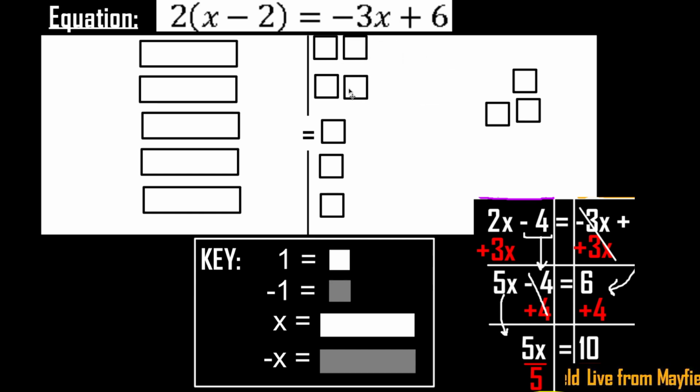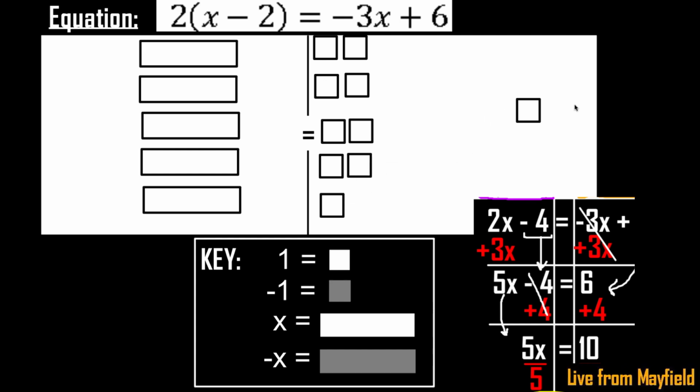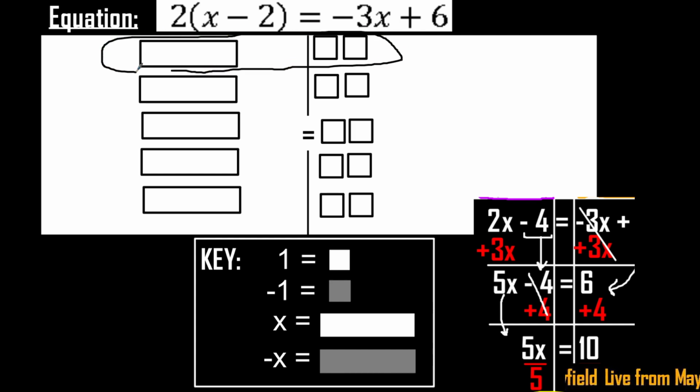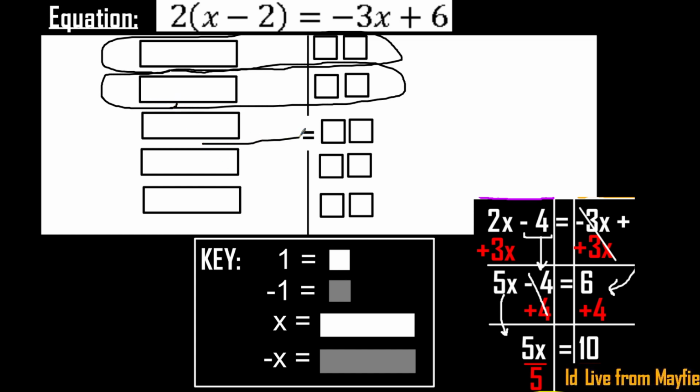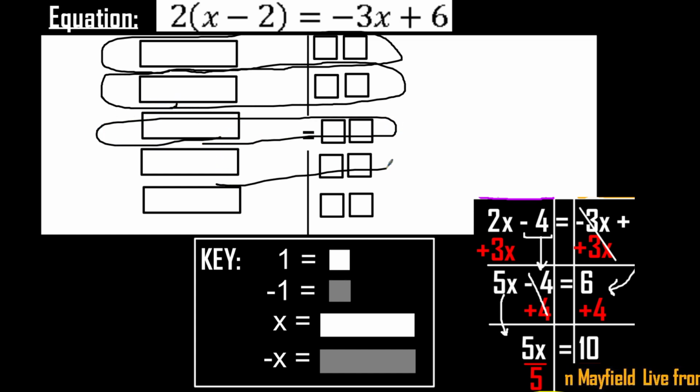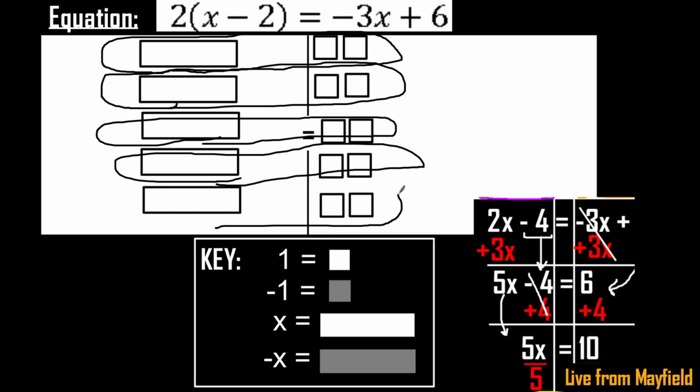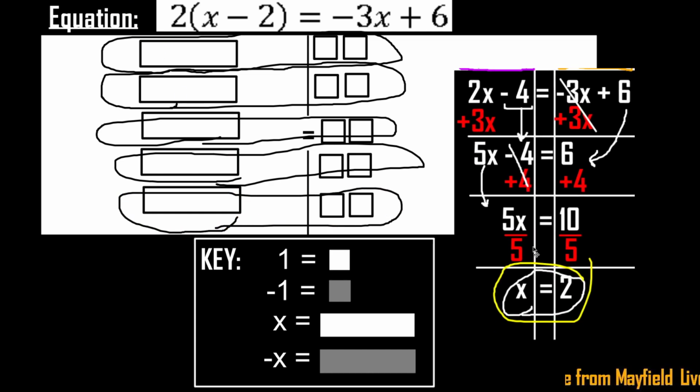And you're trying to see, okay, what does one of those x's equal? So you can kind of circle to show your groups. So I have my first group, my second group. Again, these should all be the same thing, which they are. And so we know that our answer is correct, as it is x equals 2.